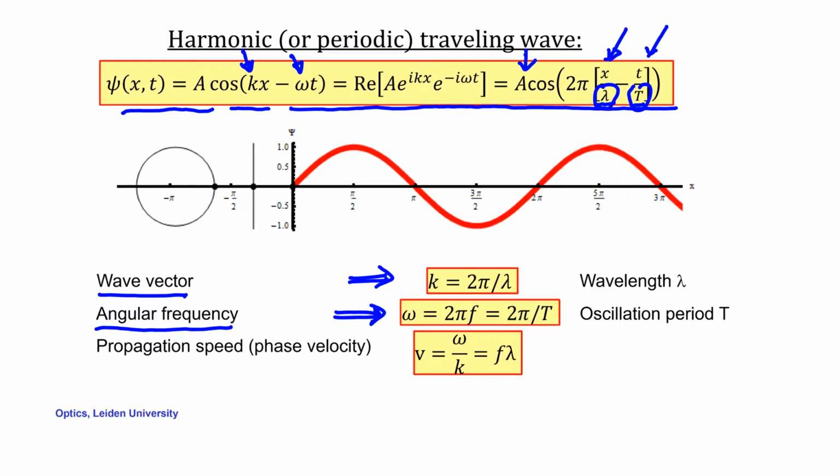It's related to the frequency in cycles per second by multiplying by 2 pi, or to the oscillation period as omega is 2 pi over T. And the combination of these two gives you the propagation speed v, which you might remember as the product of frequency times lambda, but you can also write as the ratio between omega and k.